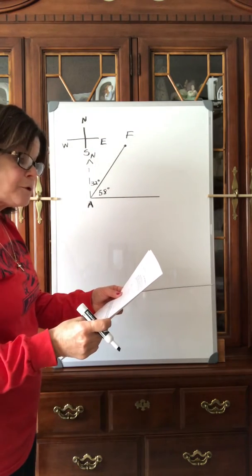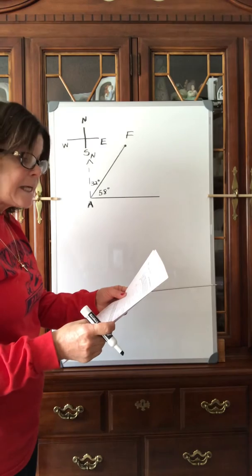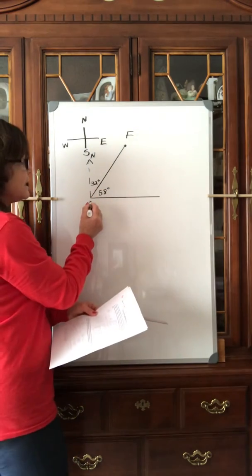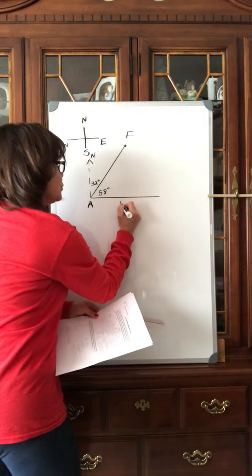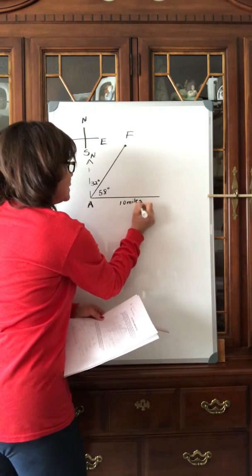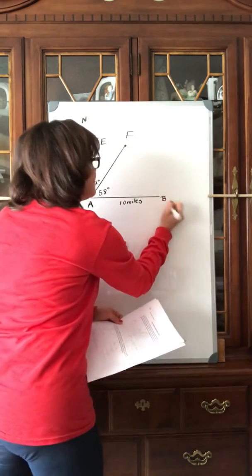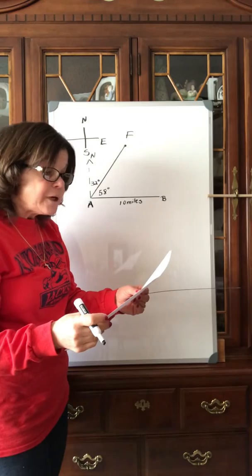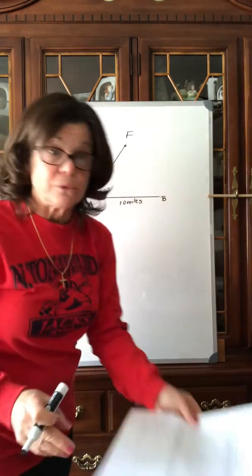Another ranger at observation point B, 10 miles due east of A on the road. So here is A, 10 miles due east, we have observation point B, sights the same fire 48 degrees west of north.